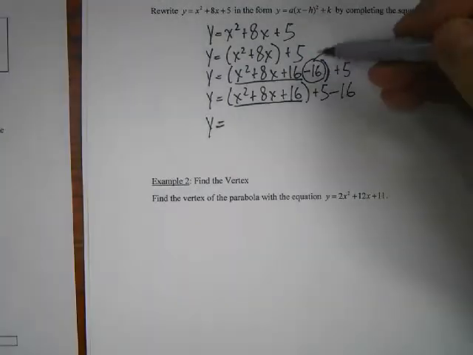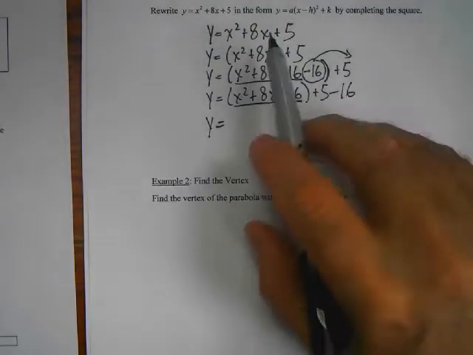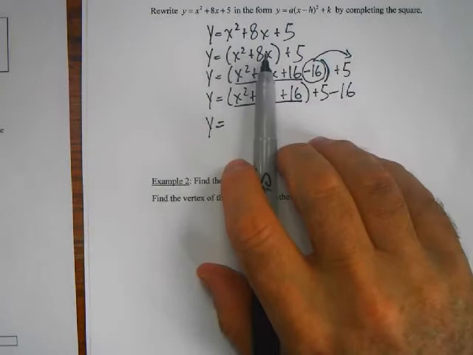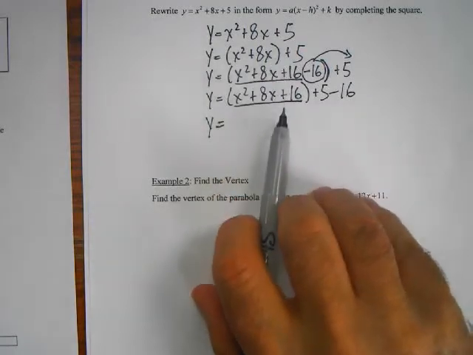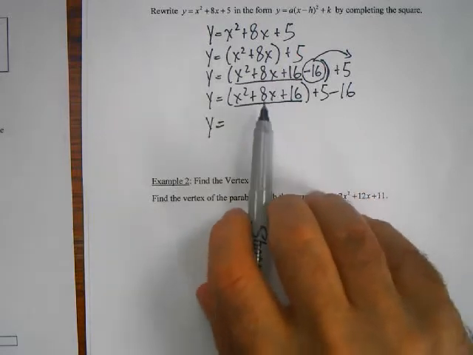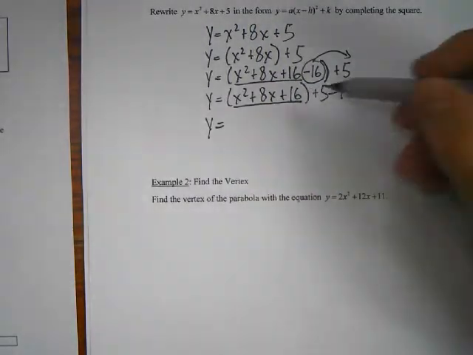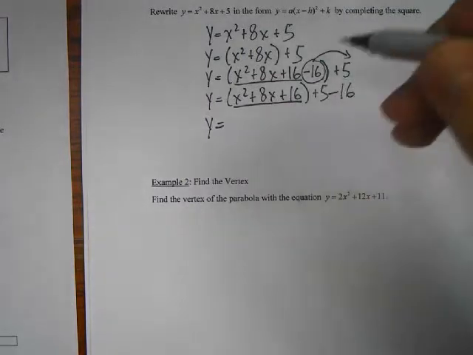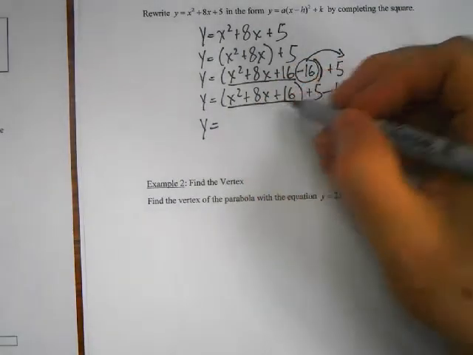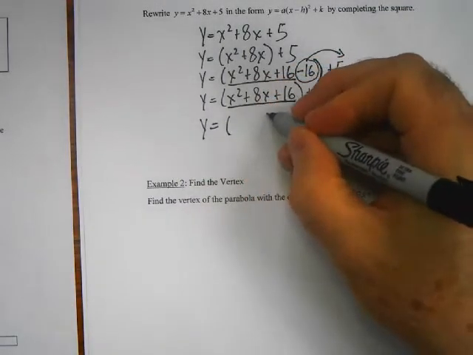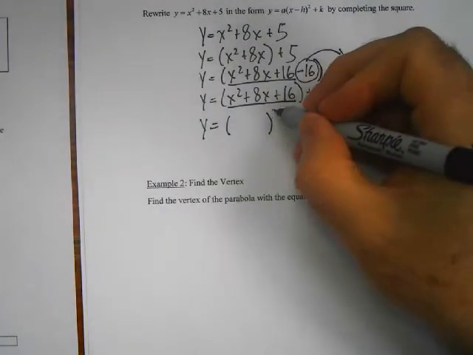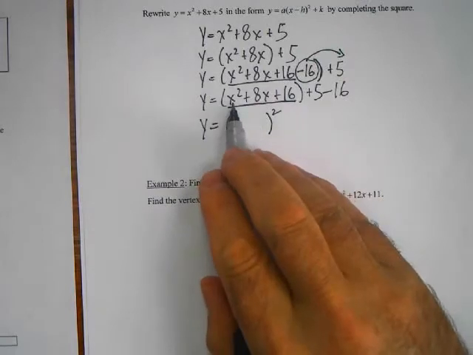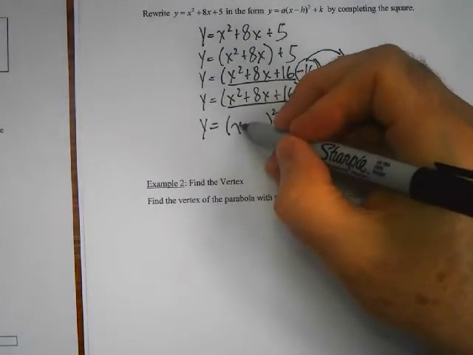One thing I haven't mentioned yet is that with an x squared term and an x term, you can always find the constant you need to make it a perfect square trinomial. In this case, it was the 16 we needed. So I'm going to replace this perfect square trinomial. Remember, a perfect square trinomial is just a binomial squared. And since it's x squared, I know the first term is x.